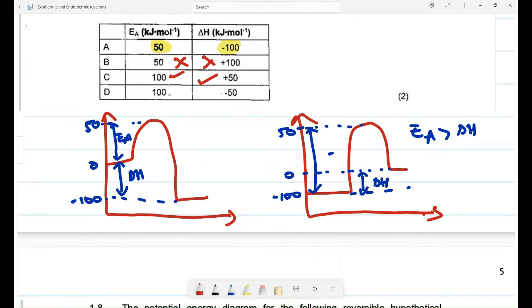Then EA is greater than this one. Again, this one I can accept.